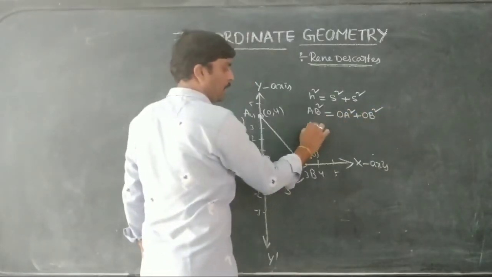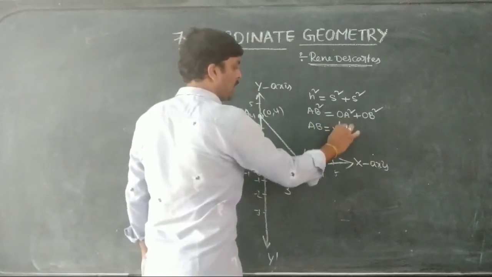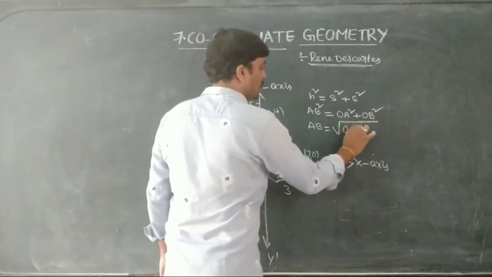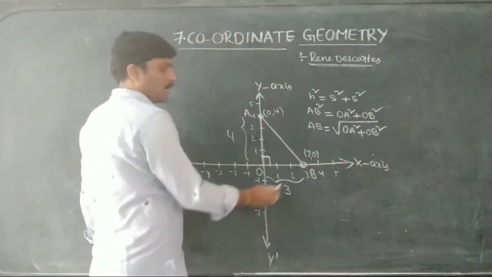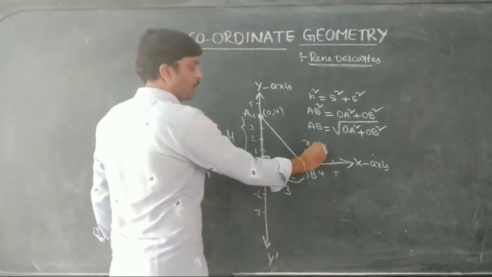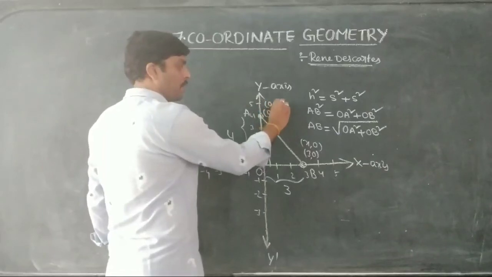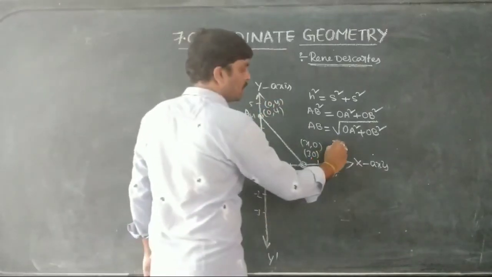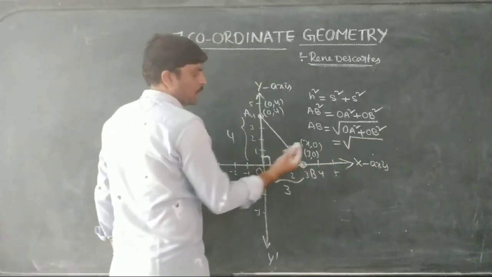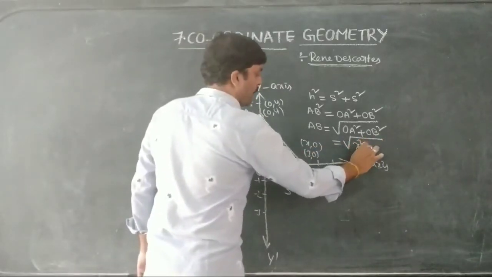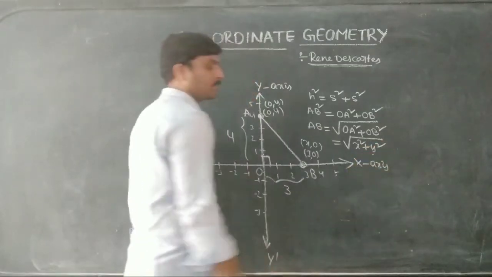Now we need AB, not AB square. So take the square root of the right side, that is OA square plus OB square. First suppose here it is x comma 0 and here it is 0 comma y. So now write the square root of OA square plus OB square, that is x square plus y square.